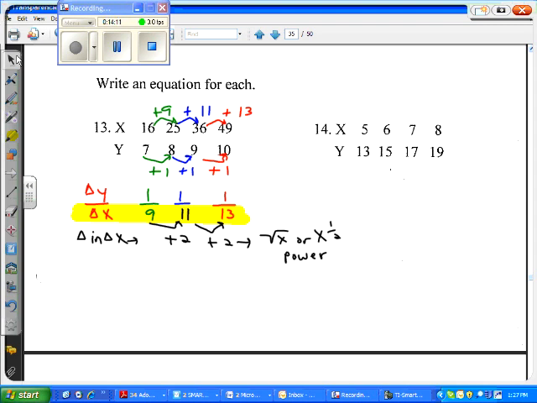Now we've investigated that the calculator will not always do really nice power regressions, especially if we have it in the form y equals something times square root x. And it'll do that, but it won't do it if it's got a plus something at the end.